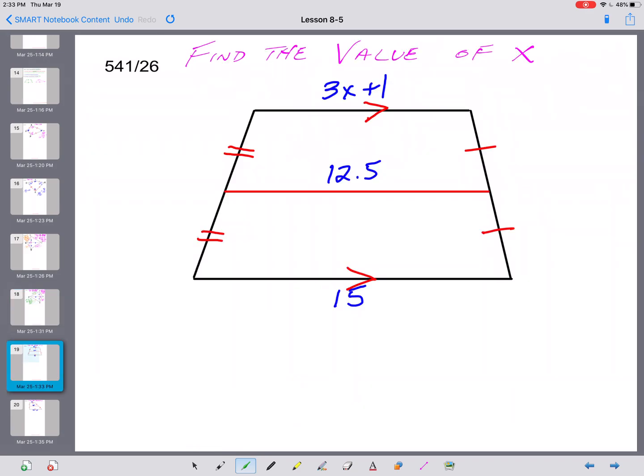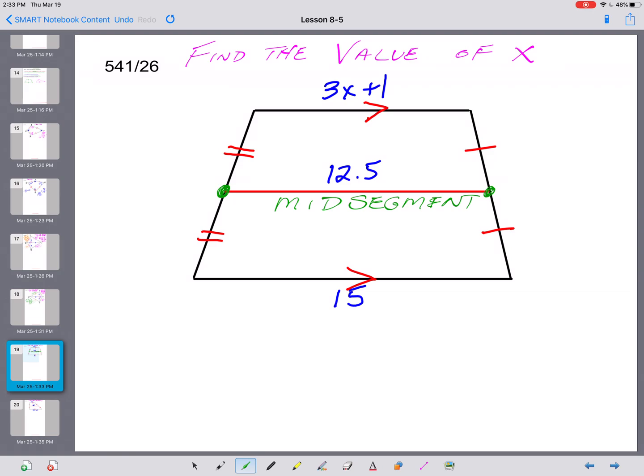Okay, the last two. We've got trapezoids. Find the value of x. Well, what do we know about these? We know this is the mid segment because it goes from midpoint to midpoint. Mid segment. Well, what do we know? It's parallel to the two bases, but it's also the average of the two bases. How do we set it up?